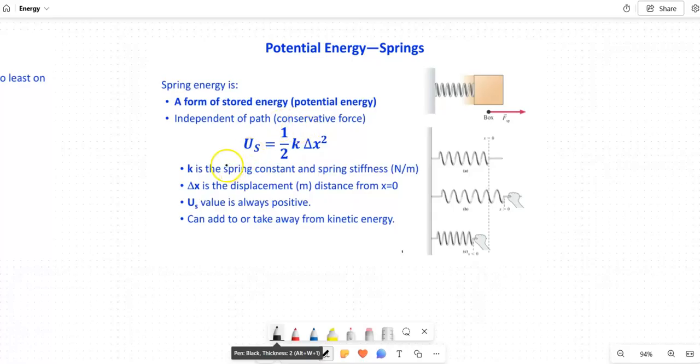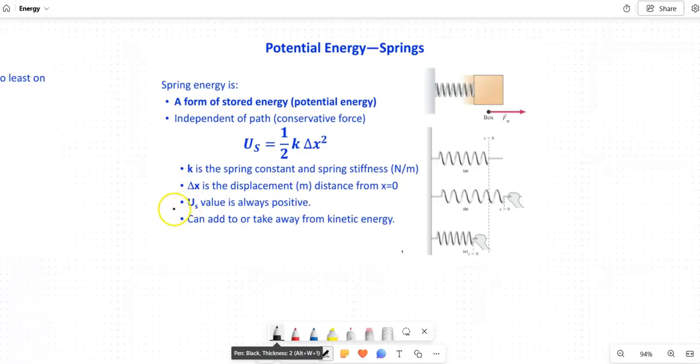Okay. Now, we learned from forces that it has a spring constant K, which is how stiff the spring is, and that's in newtons per meter. And we also had learned that delta X is how far it's compressed or stretched. It's a distance, not a displacement, but it's a distance from that equilibrium position.